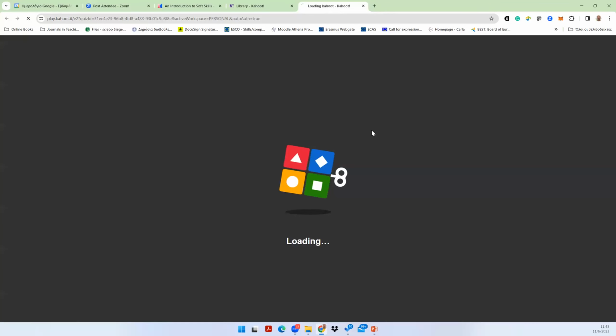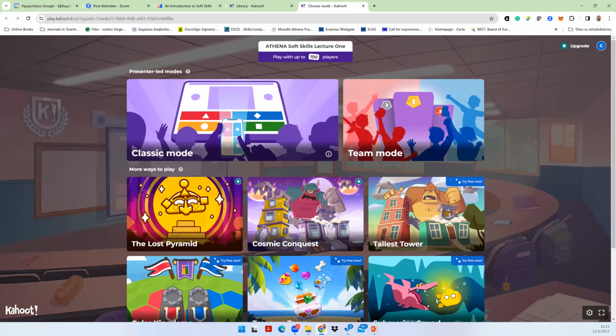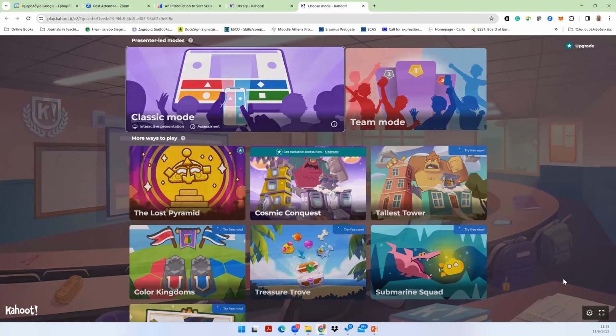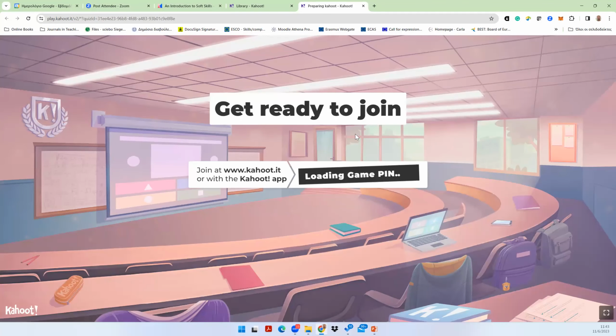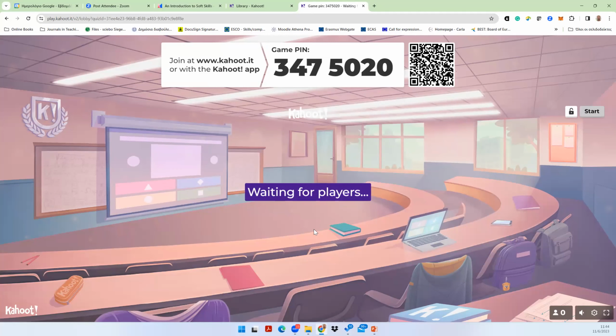Can you see the Kahoot screen? Yes. All right, go to kahoot.it. You can see here, it's loading my game. All right, so classic mode. Go to www.kahoot.it and place this pin number.